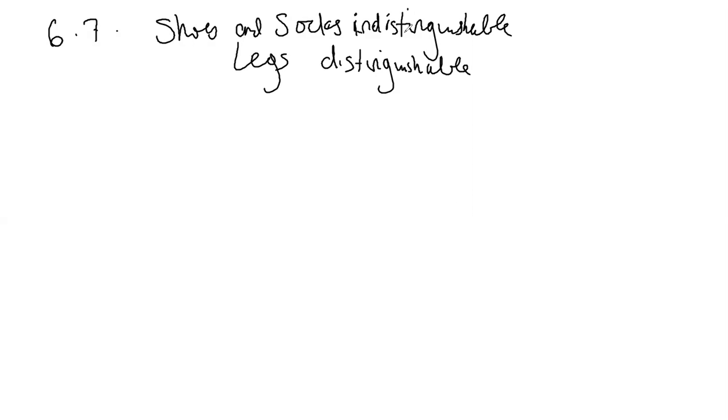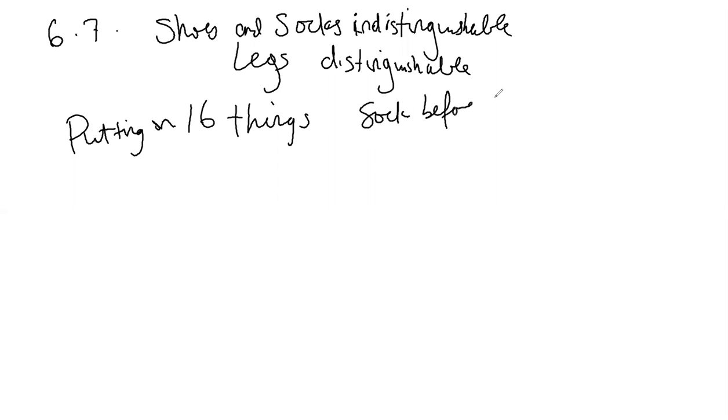But once you do that, now you're thinking, okay, how am I going to do this? The hard part is that you're putting on 16 things overall. 8 of them are socks and 8 of them are shoes, but you have to put the sock on first, sock before shoe for each leg.